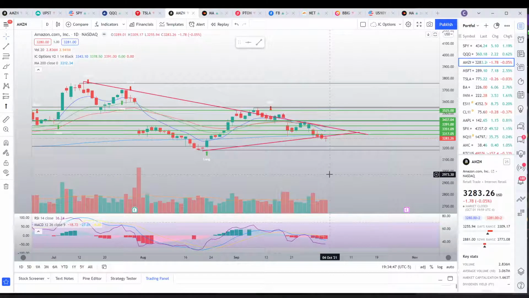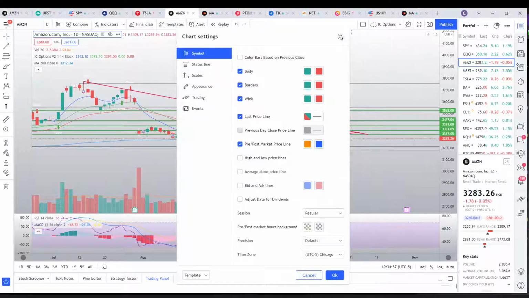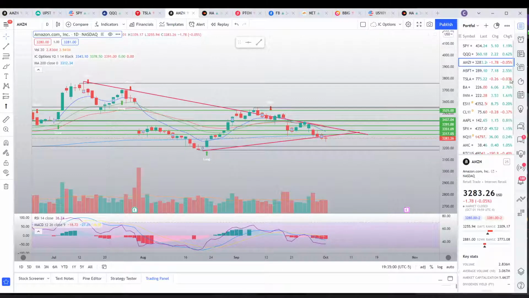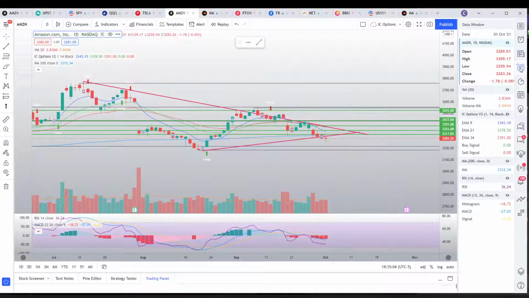For me, now Amazon, if it gets above this trend line from the bottom, it's going to break the downtrend and come above. Now this blue line right here is your 200 moving average. I'm going to go back to my TV right here and look at it. Right now it is below the 200 moving average, 3312.